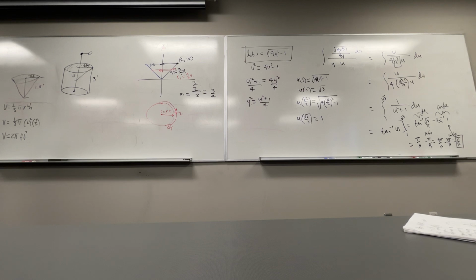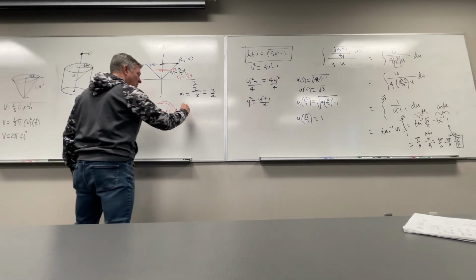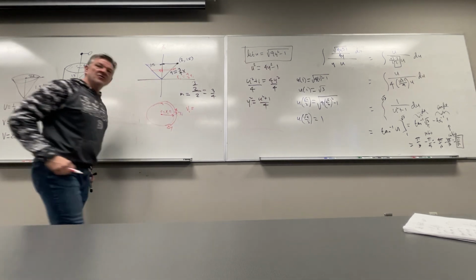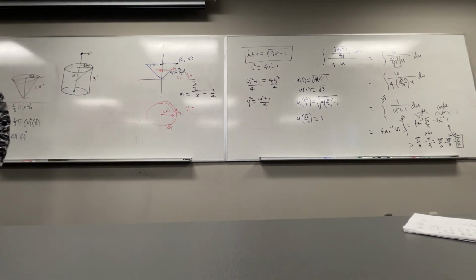Okay, that'd be one disk. What if I had a bunch of them? What could I do? So let's figure out what the volume is for this disk. How do you find the volume? It's a right circular cylinder basically, isn't it? It's like a can, but it's short. So what's the volume of a right circular cylinder? Pi r squared times the depth of it. Yeah, it is, isn't it? It's the area of the face times the depth.